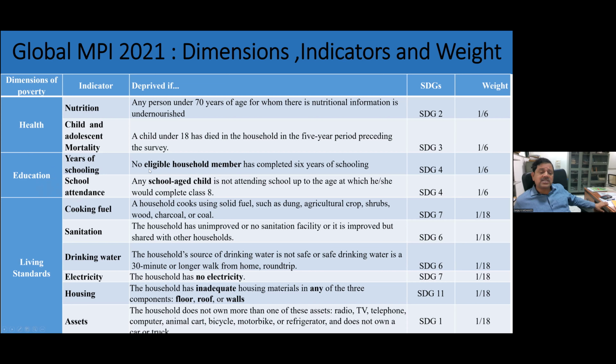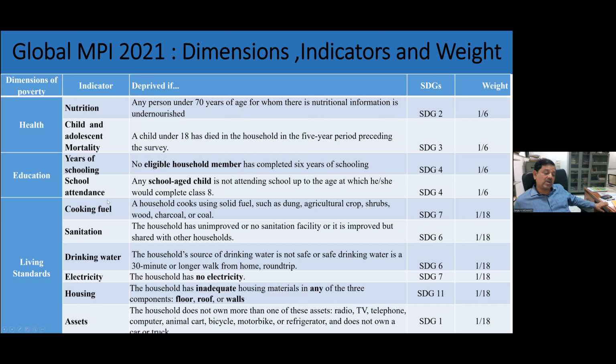If you imagine a household where none of the adult members has completed 6 years of schooling, that household is said to be deprived in terms of years of schooling. Otherwise, it will not be deprived. In the same way, if a child of school-going age is not attending school, then that household is also said to be deprived in school attendance.